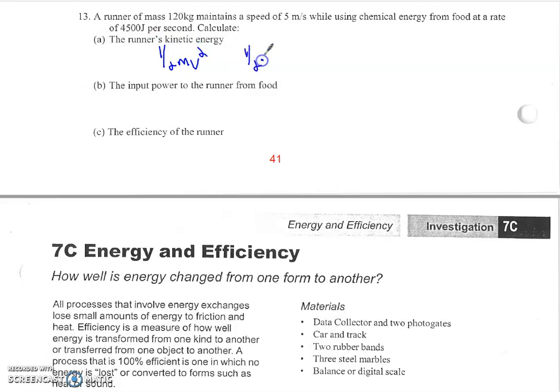You have 1/2 times the 120 kilograms times the 5 meters per second, and that is the part getting squared. So when you do all that math, kinetic energy ends up being 1,500 joules.